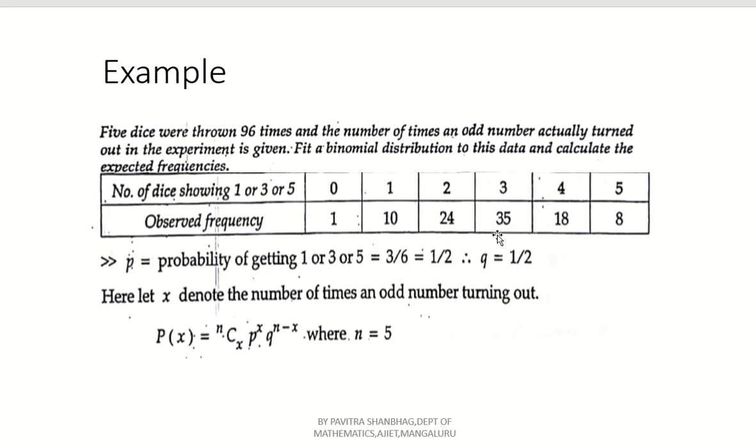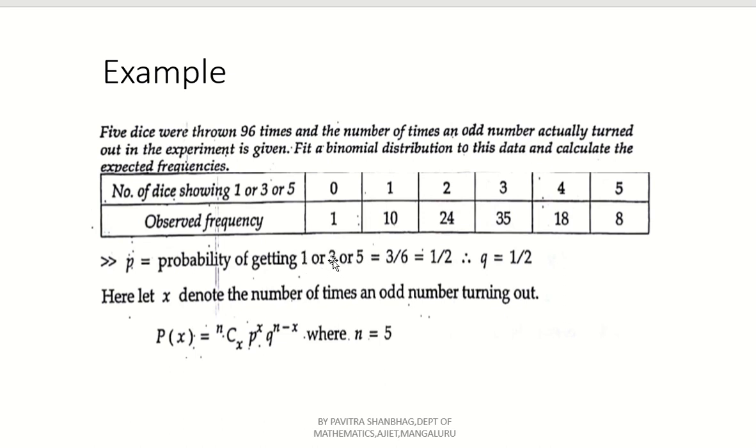Now what we want here, first fit a binomial distribution to this data and calculate the expected frequencies. Expectation means here mean. First let us concentrate here. What is the probability of getting 1 or 3 or 5? Normally, in general case, 1 is 1 by 6, 3 also 1 by 6, 5 also 1 by 6.